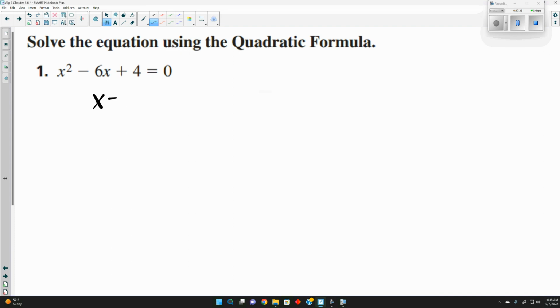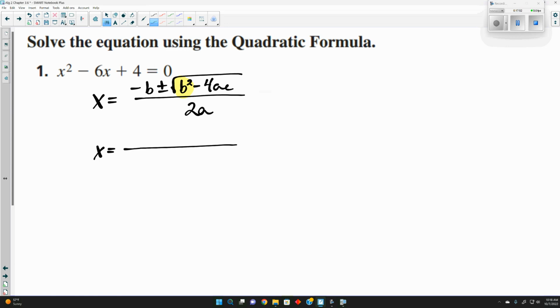So we're saying x is equal to -b plus or minus the square root of b squared minus 4ac all over 2a. Because that's where we're starting with, and we're going to plug our values for a, b, and c in. So we'll have -6 plus or minus the square root of -6 squared minus 4.